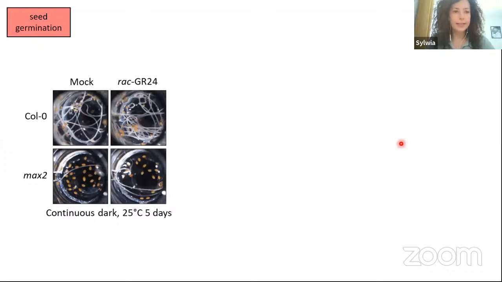And our last assay was seed germination, but in specific conditions, because Arabidopsis seeds can just germinate and they don't need any chemicals like GR24 or karrikins for that.